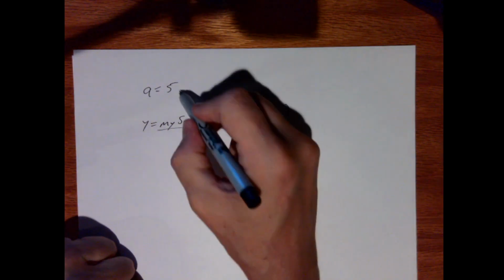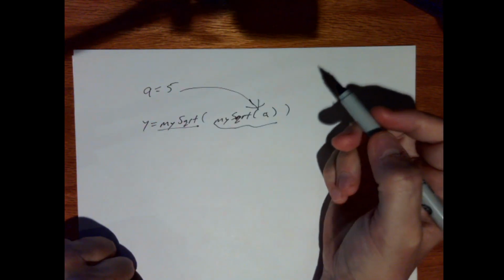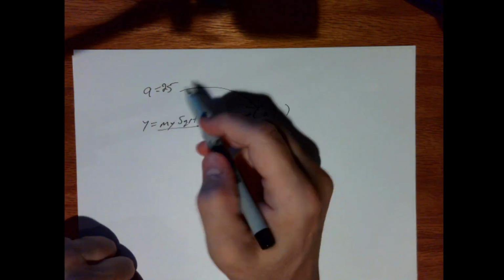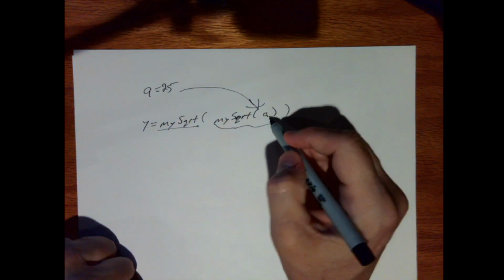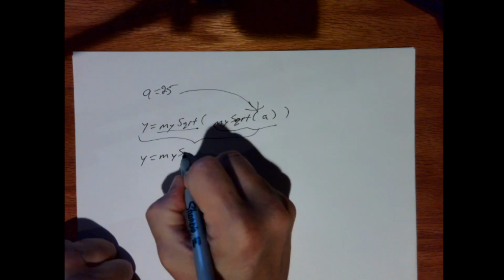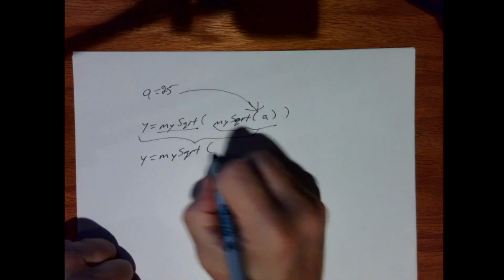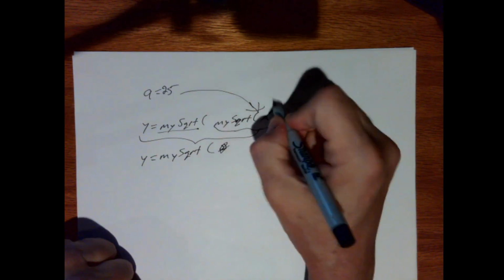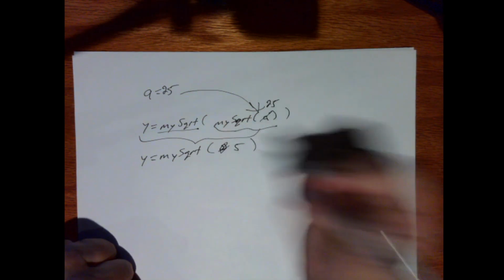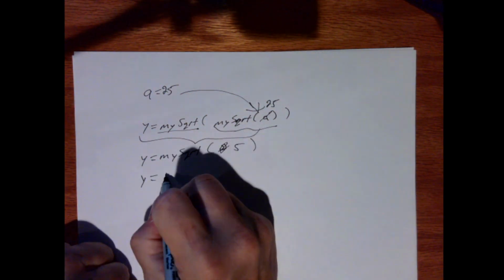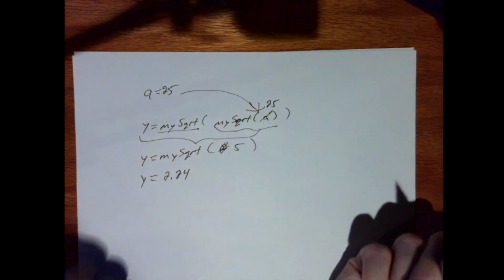So to evaluate this, it plugs in the 25, that's what it was, and gets 5. So this reduces then to y is equal to my square root of, so this right here is going to be 25, makes this here 5, and then we get y is equal to, it was 2.24 approximately. Right? So that's how it works.